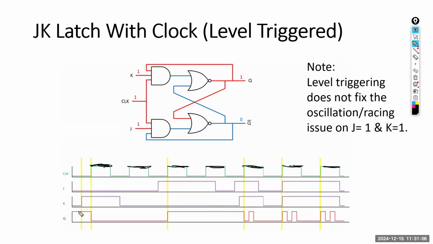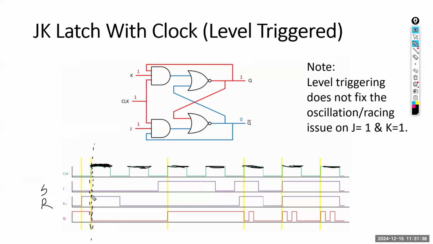Right. So this one has started with 1. Of course, you could have started with 0 also. This is the first time it becomes really enabled. Remember, J is S, K is R. So by the time your clock is enabled, your R is 1, S is 0, or in other words, K is 1, J is 0.